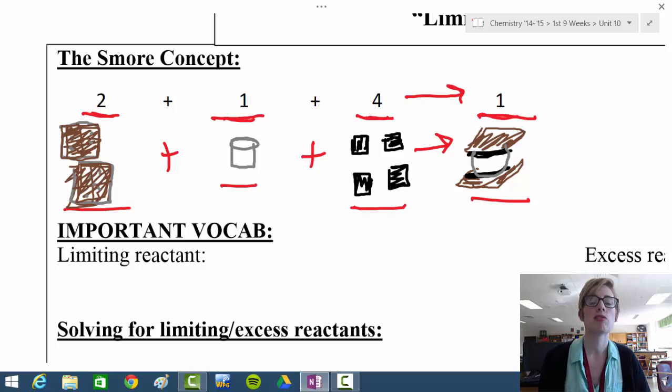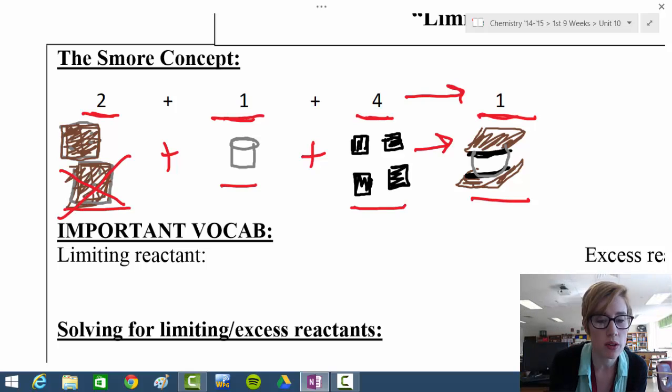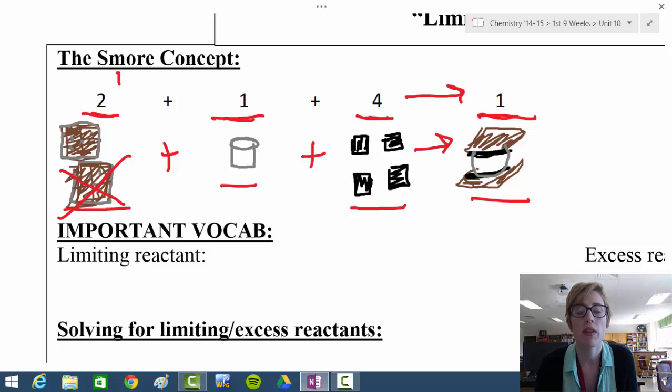Okay, so I'm using the example of s'more instead of chemical compounds. But ideally, you have the exact coefficients that were used in your balanced equation. But that doesn't always happen. So sometimes my younger brother comes along and eats my graham cracker, so I don't have 2, I only have 1 graham cracker. Well, that's going to change the amount of s'mores I can make, right?